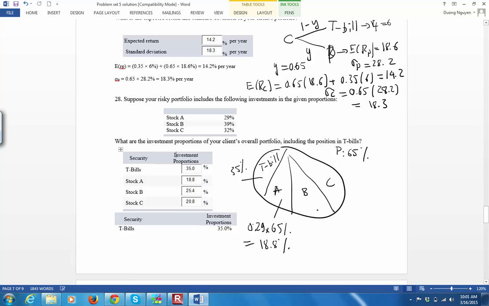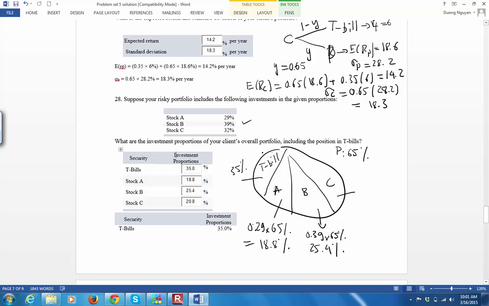which is equal to 18.8%. The proportion of stock B is 0.39 times the proportion of portfolio P in the overall portfolio, which is 65%, and this is equal to 25.4%.